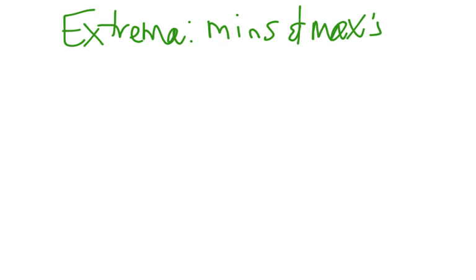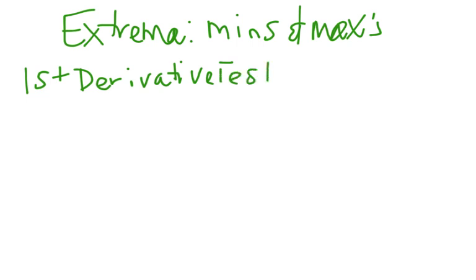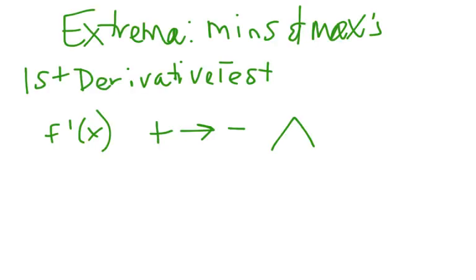And then the last note card that y'all had today is the first derivative test, which is kind of like the title of the lesson. The first derivative test just says that if f prime of x goes from positive to negative, so increasing to decreasing, we have a maximum.